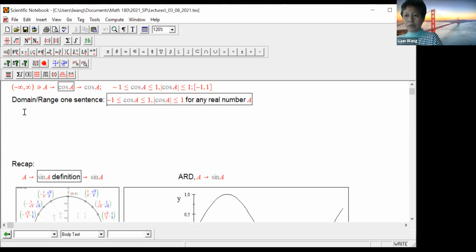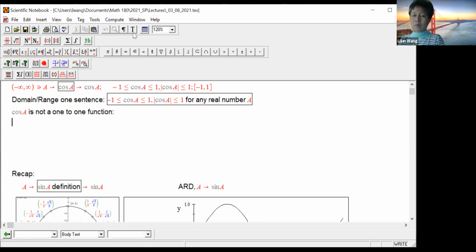Like Cortland says, this is not a one-to-one function. Can anybody give me a reason why it is not one-to-one? By this time, we're pretty familiar with this technique.